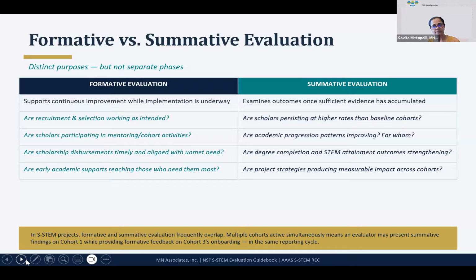So formative data from years 1 and 2 will serve as longitudinal building blocks for all the future summative analysis, and the summative findings will generate new formative questions. Again, going back to the iterative continuous feedback and how the formative and summative evaluations are speaking to each other, informing each other, and they're providing evidence back and forth.